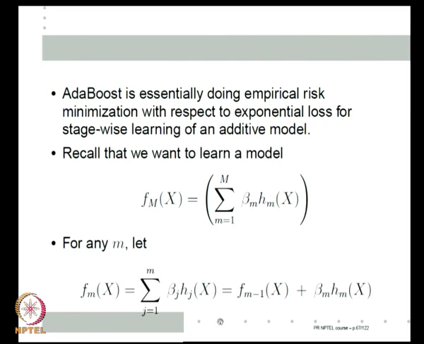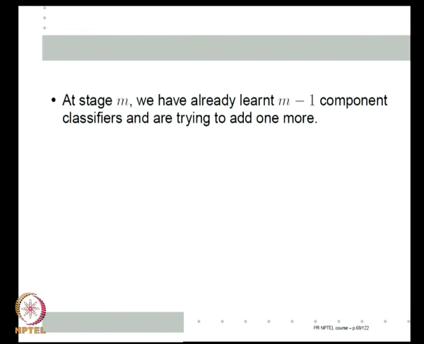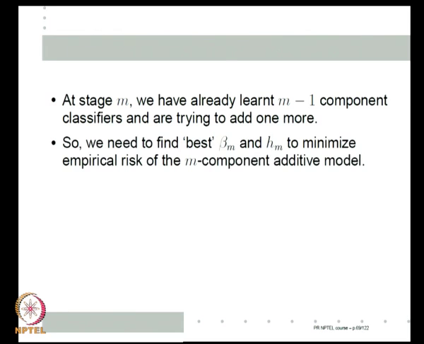So, at stage m, I have already learnt the m minus 1 stage classifier, and now I want to add one more stage to the classifier. So, this is the new model I consider. I am asking what is the best new model for me, but when I say best, I can only tweak beta_m h_m. At stage m, we have already learnt m minus 1 component classifiers and are trying to add one more.